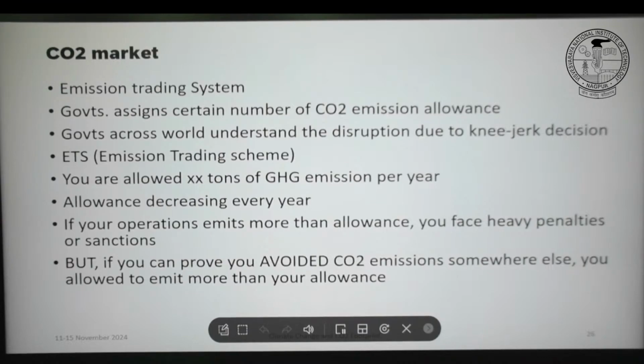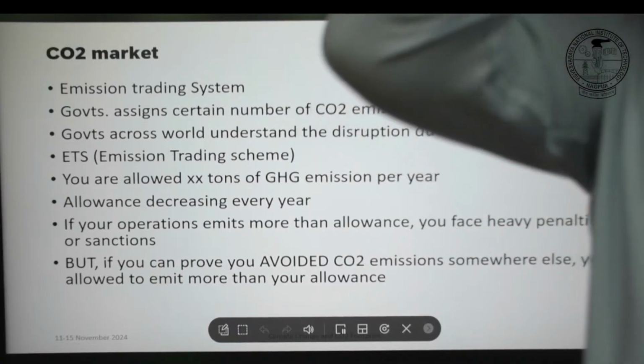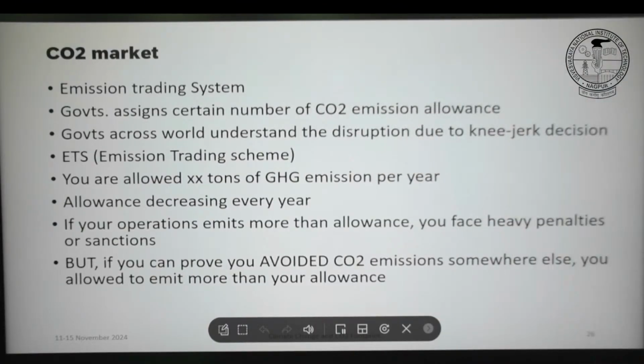But yes, in Europe there are no allowances anymore for the power industry, because government thinks that there is an option for power production moving from coal to renewable. But for some industries there are no solutions, and cement is one of the examples. As we were discussing earlier, cement is limestone. What could be the replacement of cement, if you can think about it?